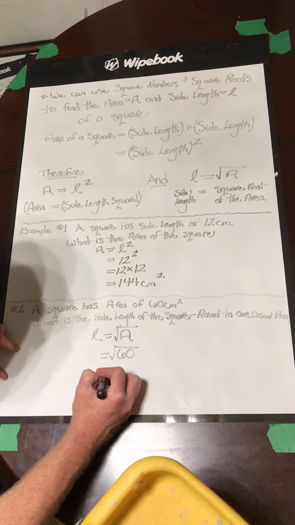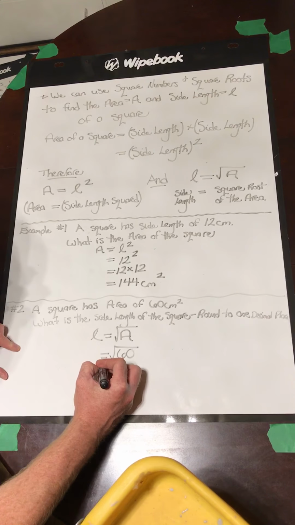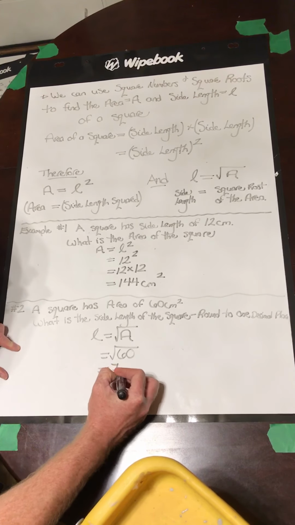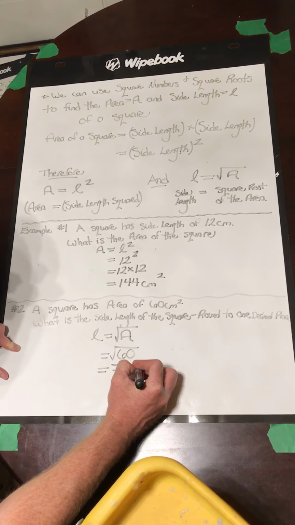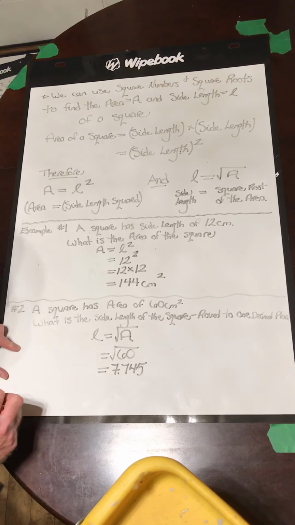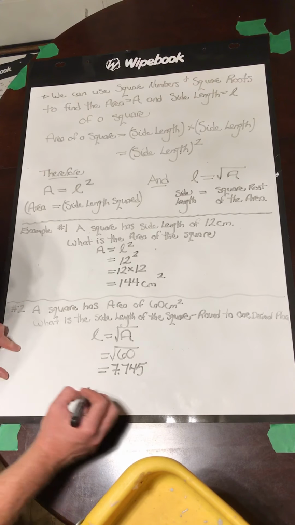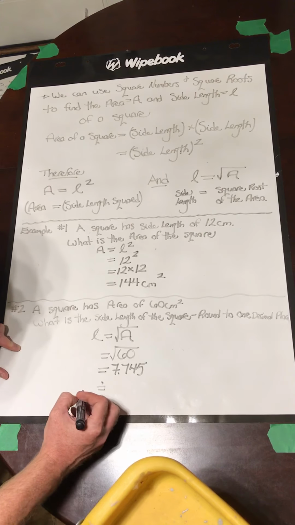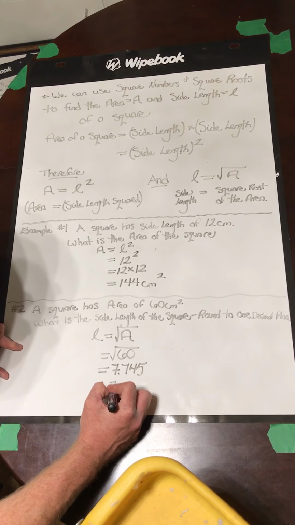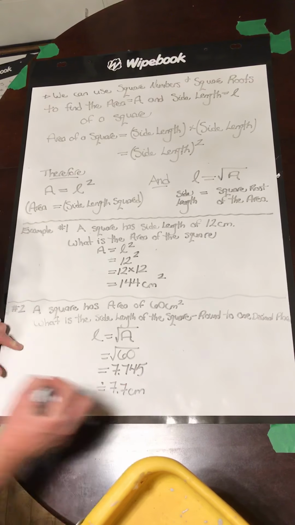The square root of 60 is equal to 7.745. I've been asked to round to 1 decimal place, so the side length is equal to 7.7 centimeters approximately.